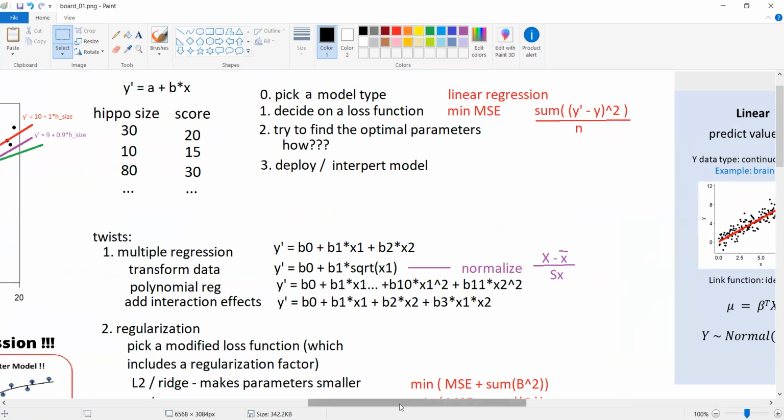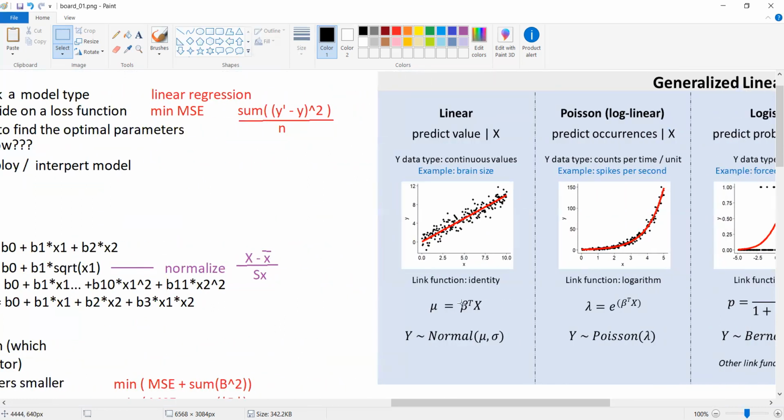So instead of that, we're going to be writing, here they chose beta, beta transpose times x, which is a different way to say that this is the dot product between the beta vector, which is the vector of all the weights, and the x, which are all the values in our data point, all the features. Okay, is this clear to everyone?